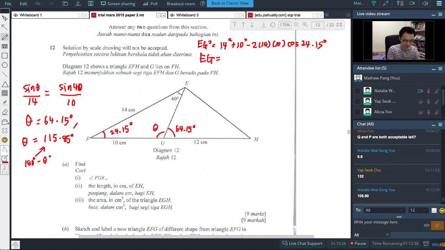Then I will square root my answer to find EG. The square root answer is 6.364 centimeter. Okay, this is EG.